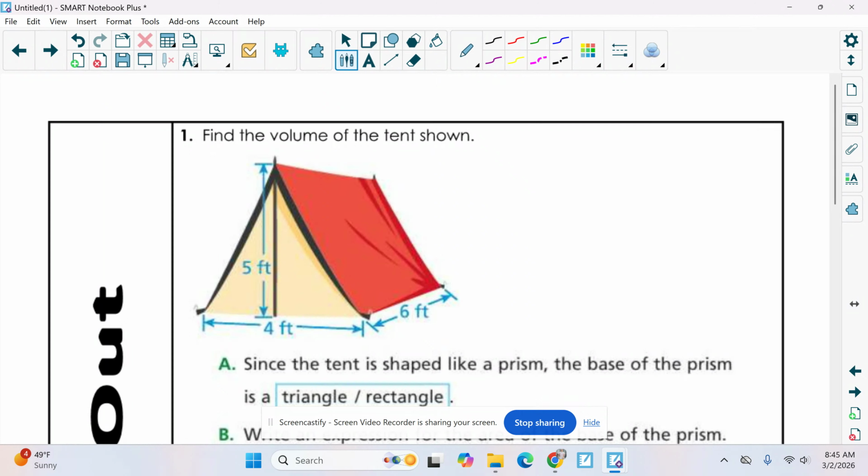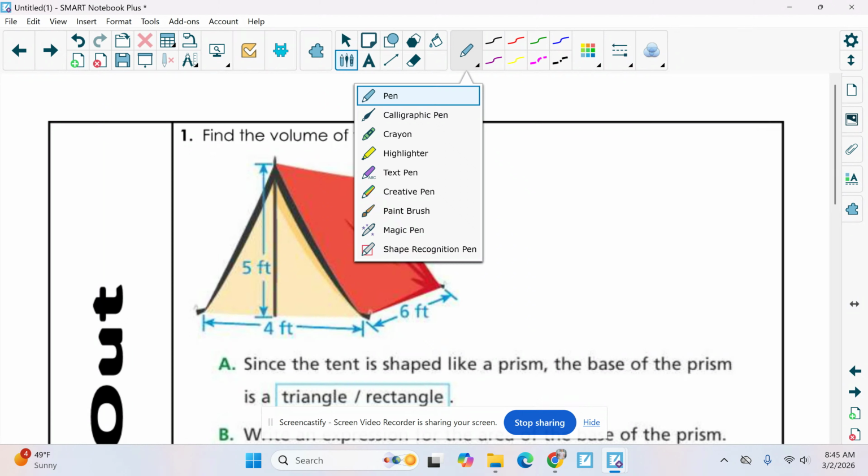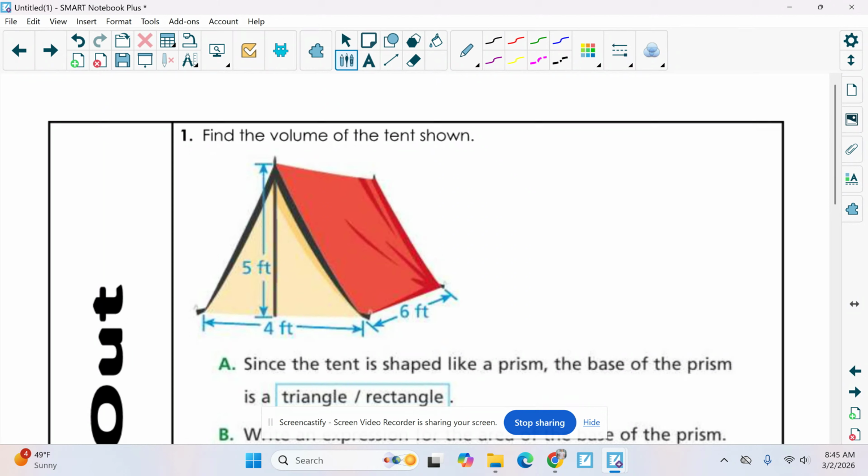That's your lateral surface area. So let's highlight our base first. Before we do anything, let's just go ahead and highlight our base. Our base are those triangles. And there it would be in the back as well, right? We just can't see it.